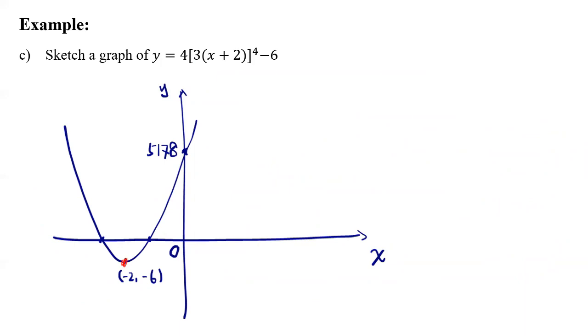This is the vertex, right? (-2, -6). And then you can label the x-intercepts here and the y-intercept here, right? The y-intercept is (0, 5178). Okay, I'm not gonna calculate the x-intercept here. You can calculate them by yourself after the class. Okay.